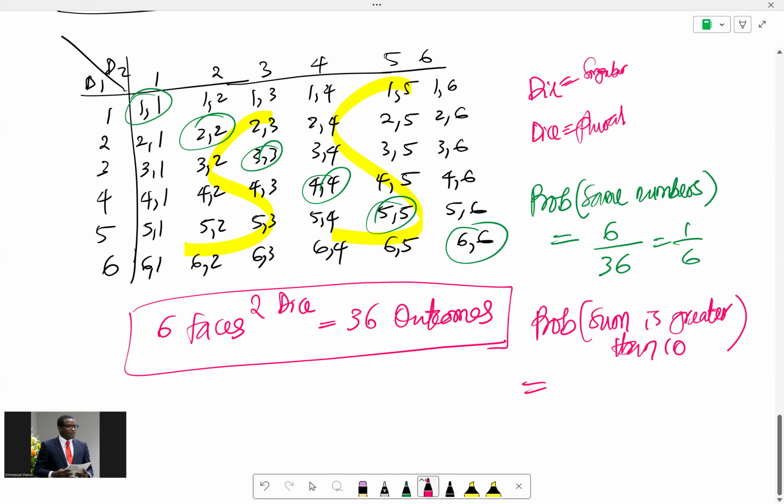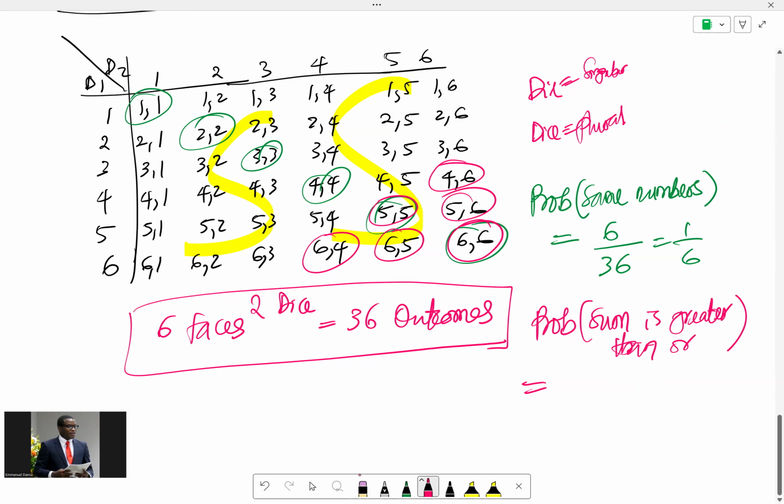So you have to go scouting, right? Of course, it's easy to see. Here, you're going to get 12. This is 11, 11. This is 10, 10, 10. So if you want the sum greater than 10... okay, let's say greater than or equal to 10.